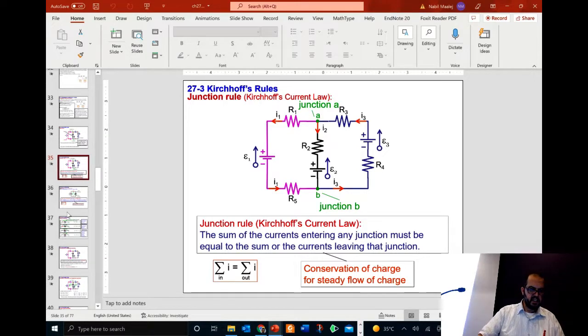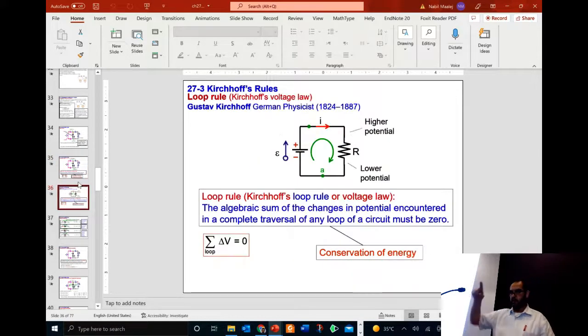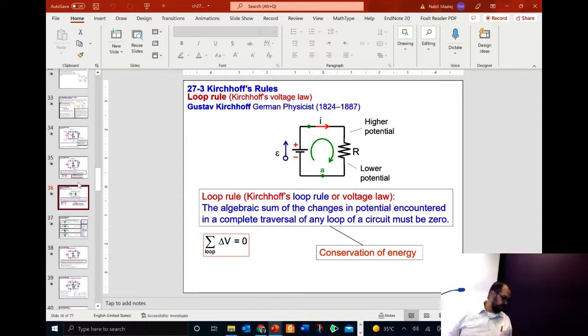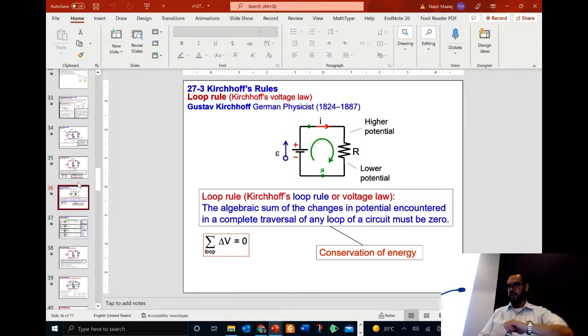The second equation is the loop equation. If you go around the loop, whether it's in the clockwise direction or counterclockwise direction, if you start at a point and you go back to the same point, the sum of the potentials should be equal to 0. And this has to do with the conservation of energy.